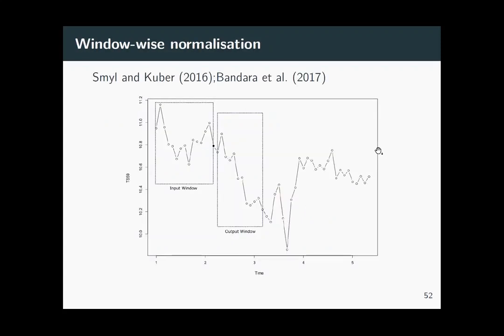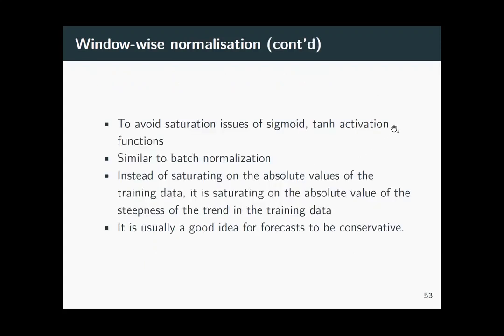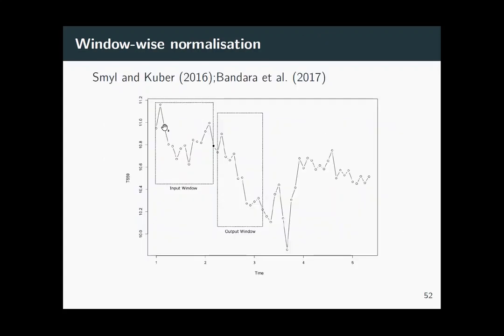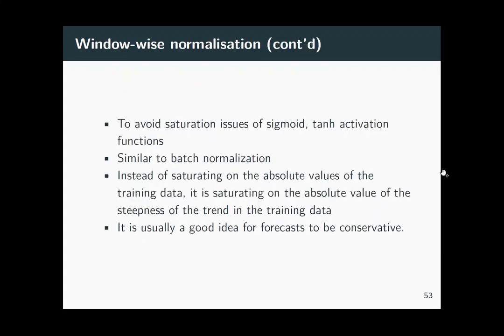One thing that we do a lot is this window-wise normalization that Slawek Smyl did back in 2016 in the CIF competition, and that we've adopted since then. The idea is you take your input window, and we've talked about it before, having a large input window is often good. Now you can just take the mean of that large input window and normalize by that. And that actually works quite well.